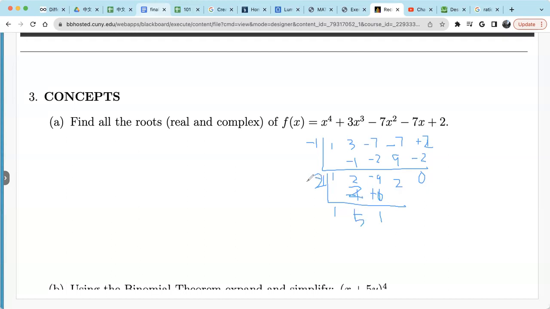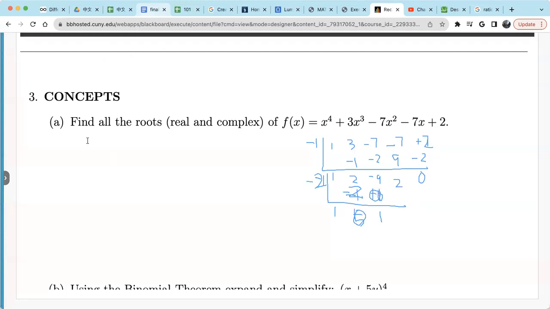What if I do -2? I still pull this one down. -2 times 1, that's -2. -2 plus 2, that's a 0. 0 times -2, that's a 0. Oh, that's also not.